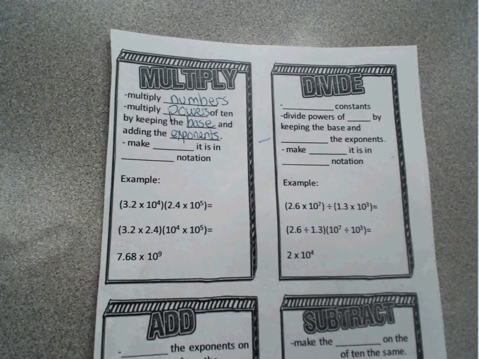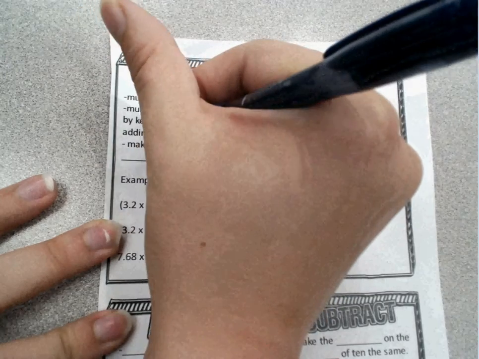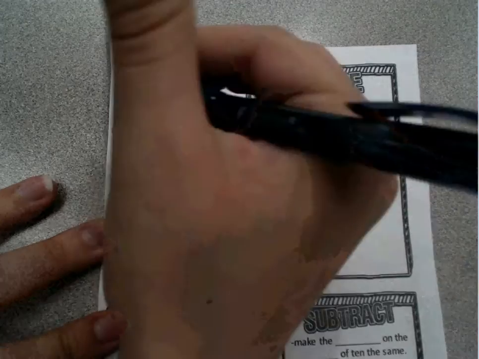Multiply the decimals, then keep the base and add the exponents. Sometimes you might have to change it so it's in the correct form, so make sure at the very end it is in scientific notation.